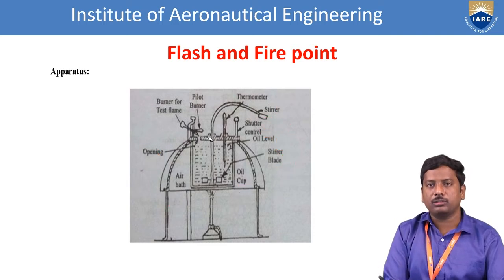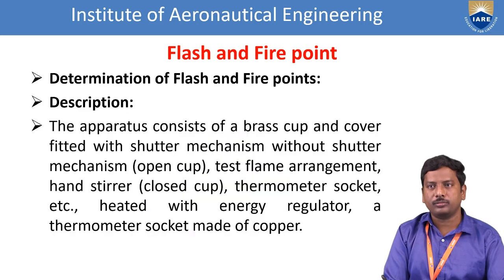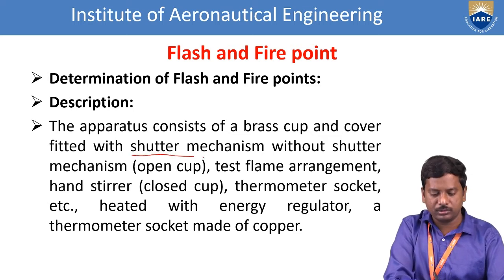Now let us see how to determine the flash and fire point. First of all, the description of the determination of flash and fire points. The apparatus consists of a brass cup and a cover fitted with a shutter mechanism. Without the shutter mechanism, it is an open cup. That means if it is covered, that is the shutter mechanism.